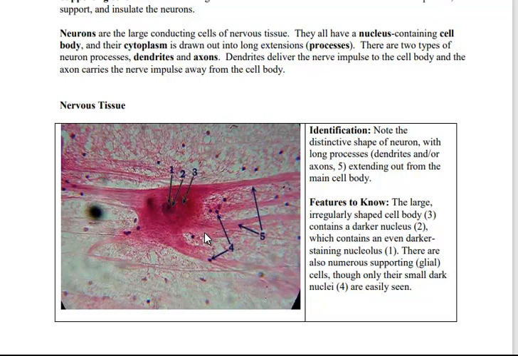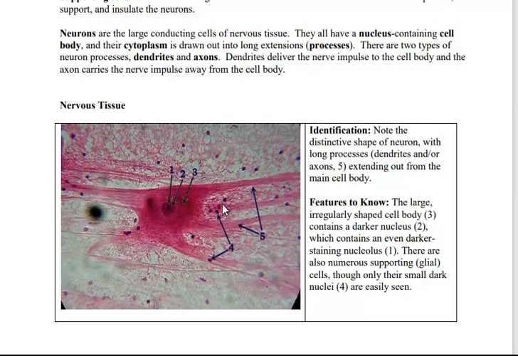So the arrows are a little bit confusing on there, so pay attention. Number 3 is the cell body, or the main part of the neuron, and the nucleus is 2, so it is pointing to the larger nuclear envelope enclosed area, and then number 1 is the nucleolus.